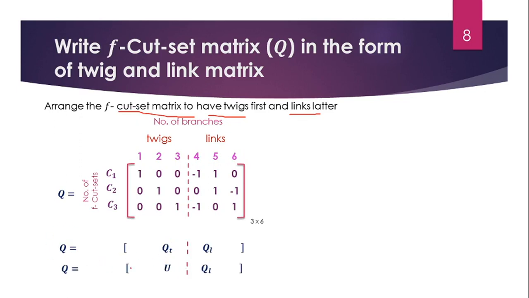So your cut set matrix can be divided into two matrices: the first is the twig matrix and the second is the link matrix. The twig matrix is always a unity matrix and the link matrix depends on the links' orientation and the cut set orientation. So this is the F cut set matrix, and we also covered the cut set matrix here.